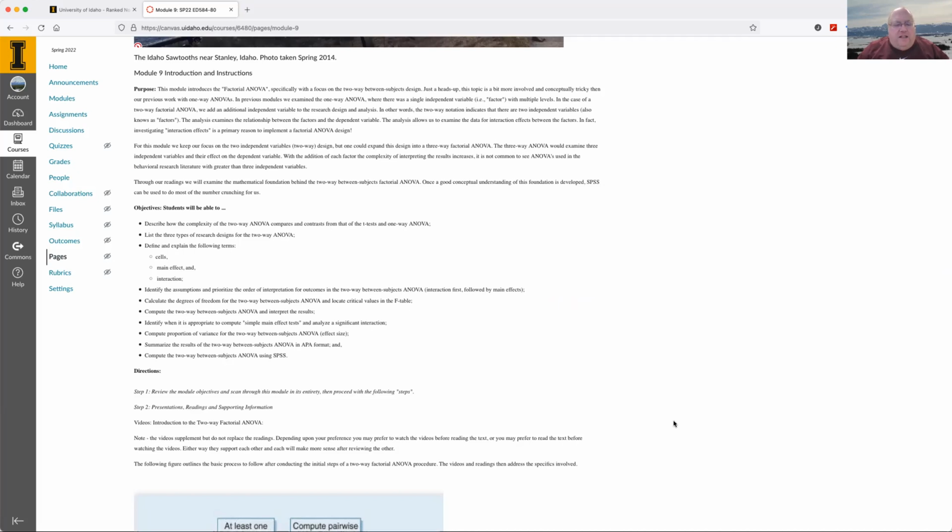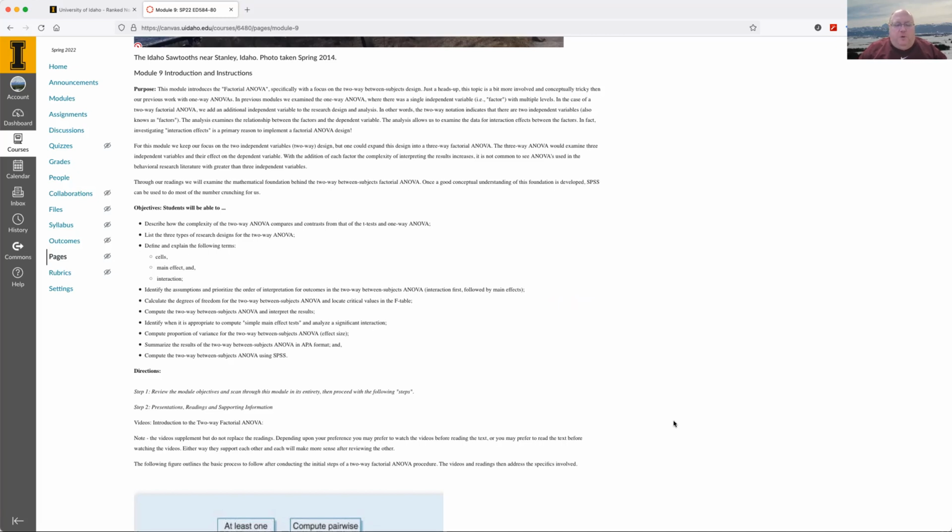But one could expand this design into a three-way factorial ANOVA. The three-way ANOVA would examine three independent variables and their effect on the dependent variable. With the addition of each factor, the complexity of interpreting the results increases. It is not common to see ANOVAs used in the behavioral research literature with greater than three independent variables.